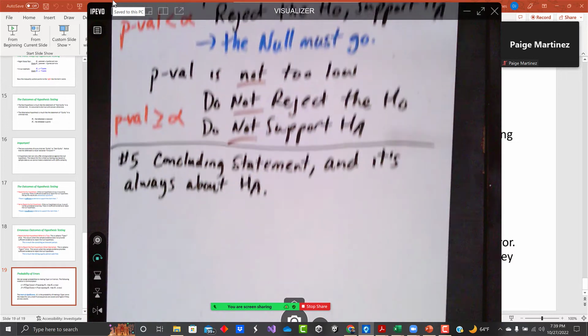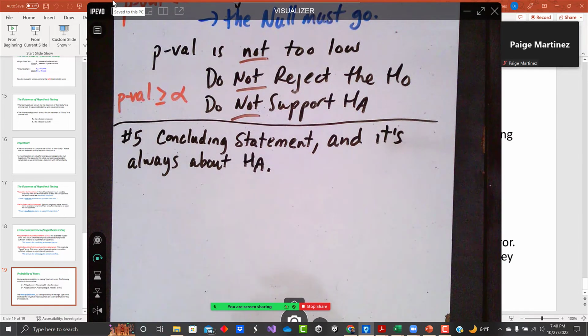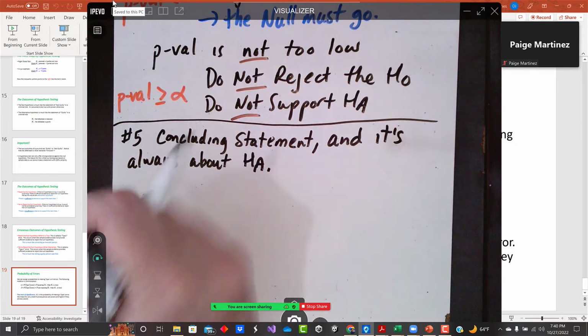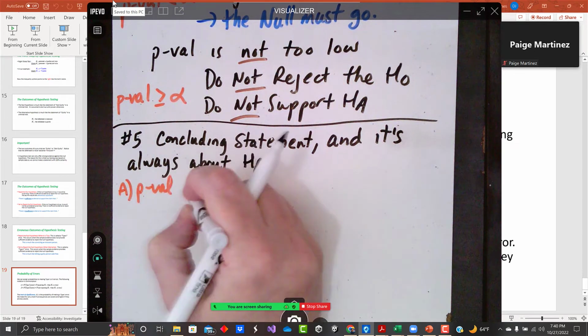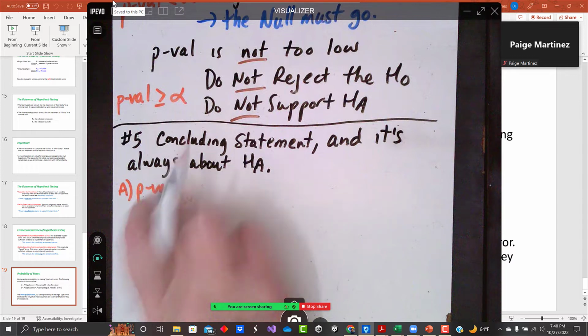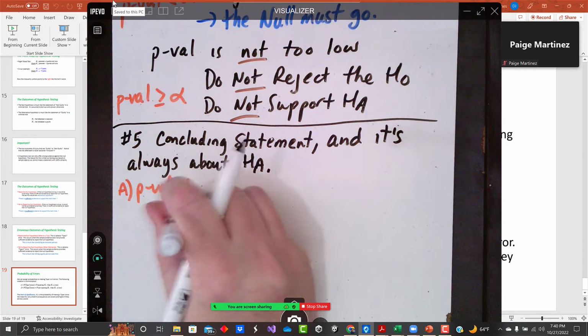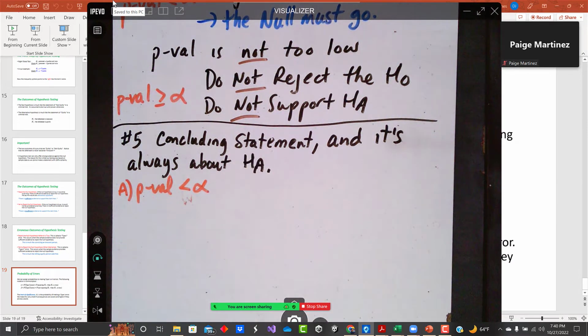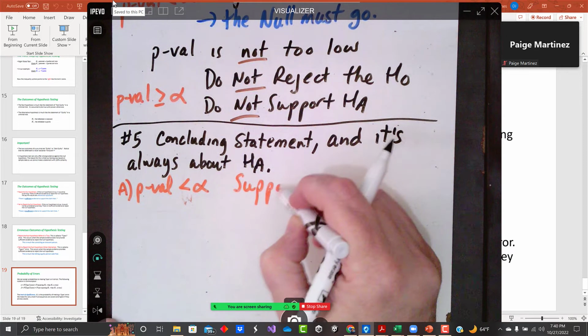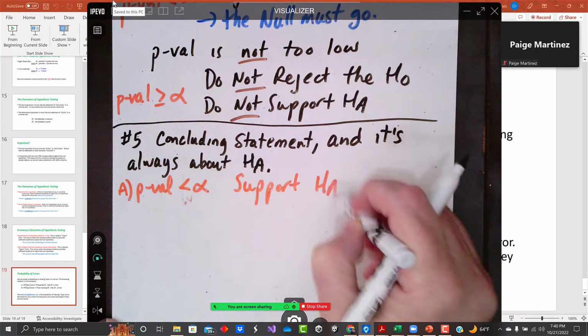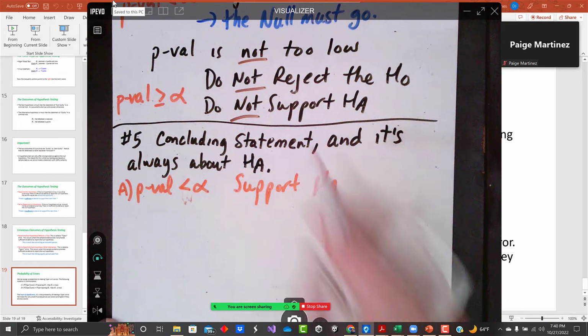So how does this play out? Well, we had two possibilities. The p-val is too low, or the p-val is below alpha. We are supporting HA. And why would we support HA?